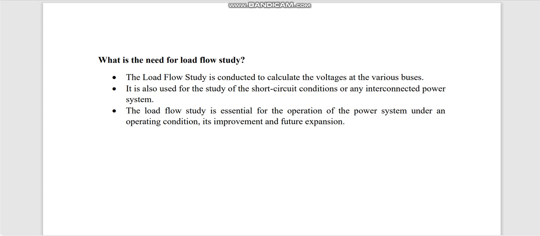For that purpose, we need a load flow study. The next one is for future expansion of our plant or power system. If you write this point, you will get 2 marks.